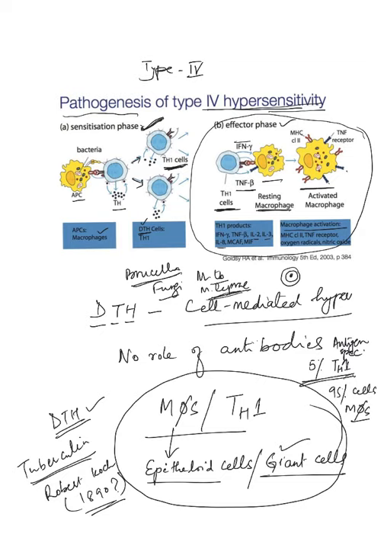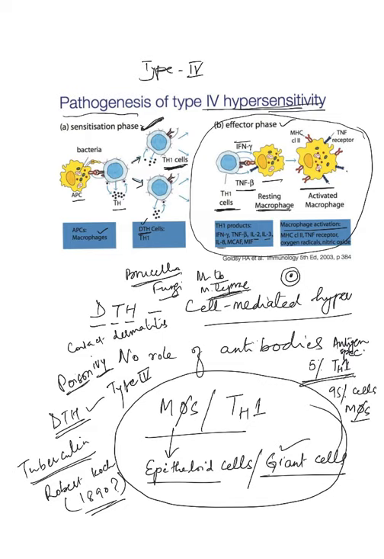Type 4 hypersensitivity can also happen because of certain chemicals, certain poisons, like contact dermatitis. If you come across, for example, poison ivy, which we call bichhu booti, that kind of reaction is also type 4 hypersensitivity.